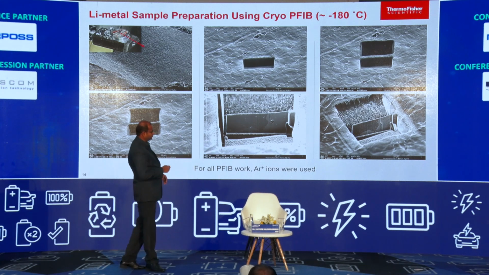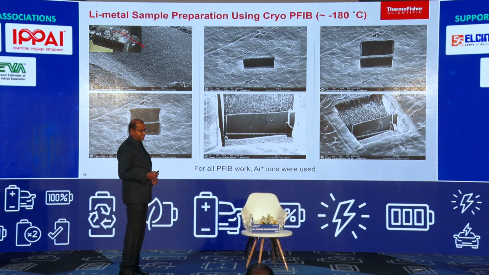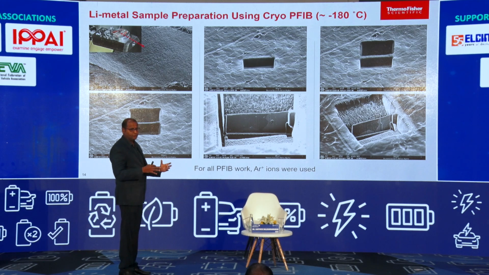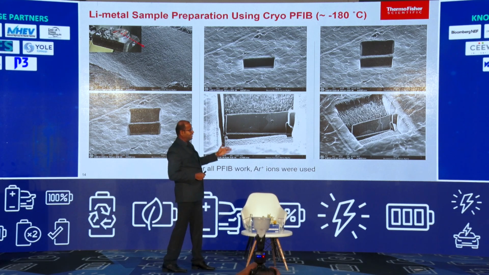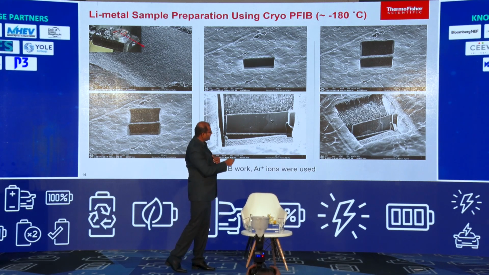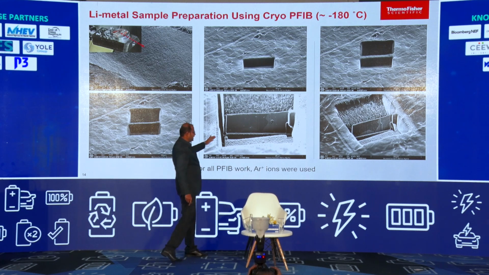This slide shows the different steps involved in preparing a TEM sample. Starting from the layer identification, where you want to prepare a sample, you can deposit the protective platinum layer, prepare the trenches, and it can also help you prepare the lamella.